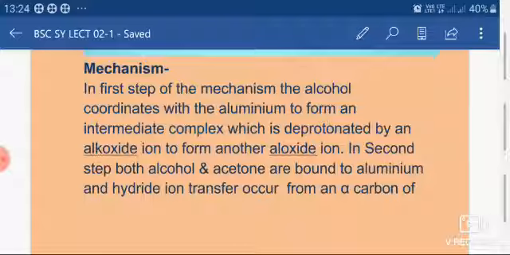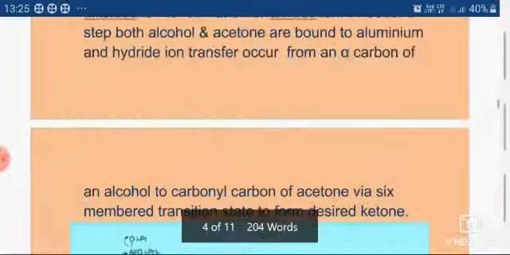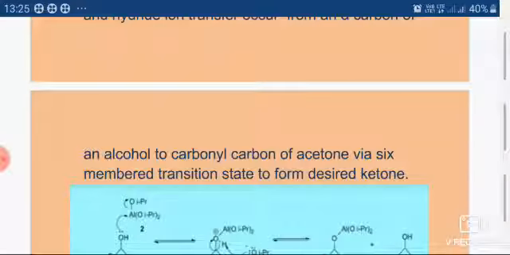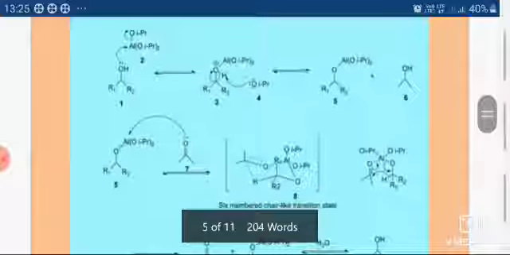In the second step, this aluminum complex is deprotonated by an alkoxide ion to form another alkoxide ion. And in the third step, both alcohol and acetone are bound to aluminium, and hydride ion transfer occurs from the alpha carbon of the alcohol to the carbonyl carbon of acetone via a 6-membered transition state to form the desired ketone.